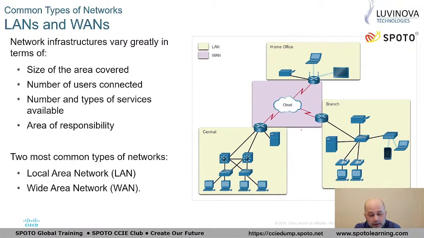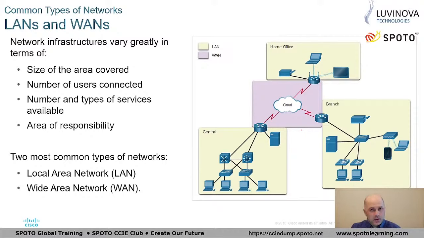So, network infrastructures vary greatly in terms of size of the area covered, number of users connected, number and types of services available, and area of responsibility. So LAN, local area network, is basically your building. The geographical location for this is limited to a building, small building, big building, large building, but still a building.